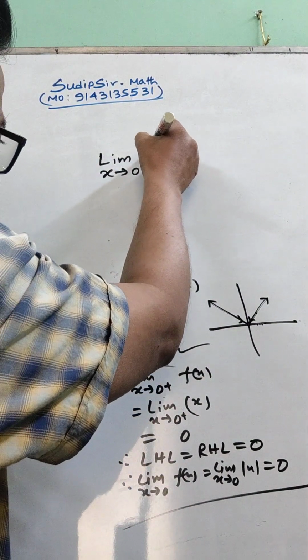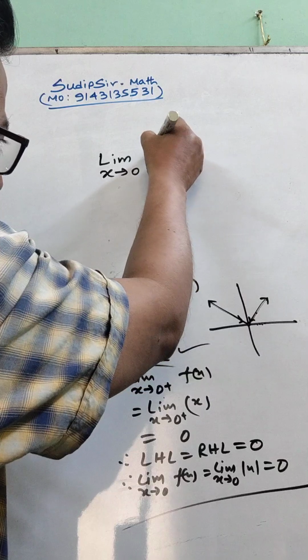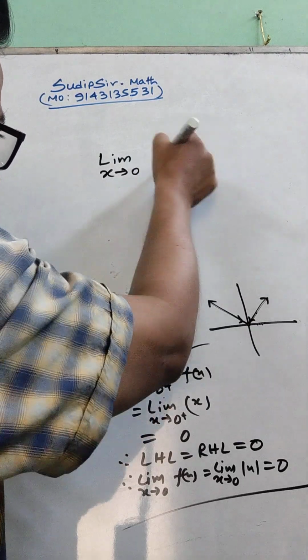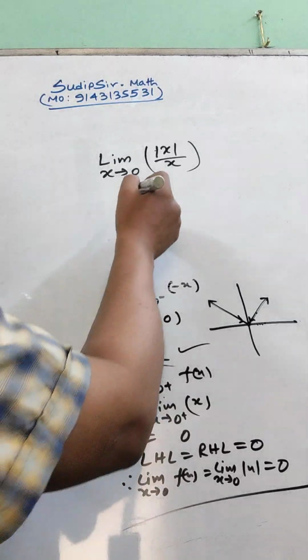Again, giving another example, say limit of mod x by x. You have to find mod x by x.